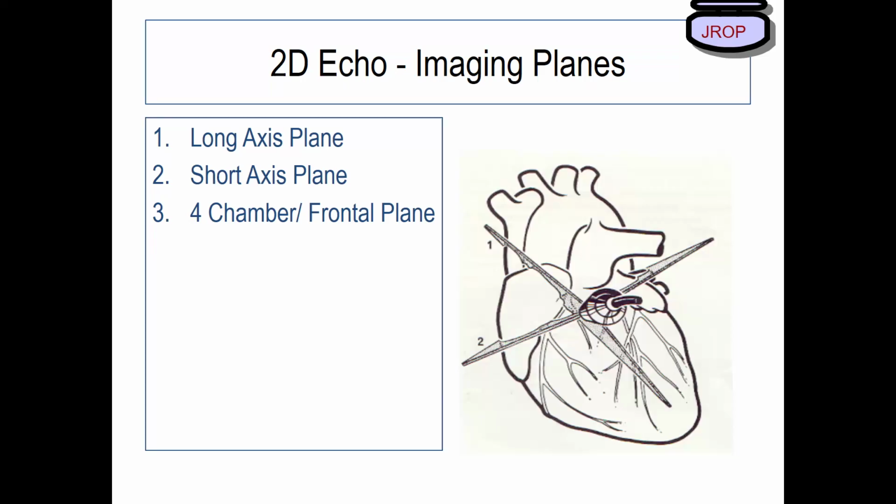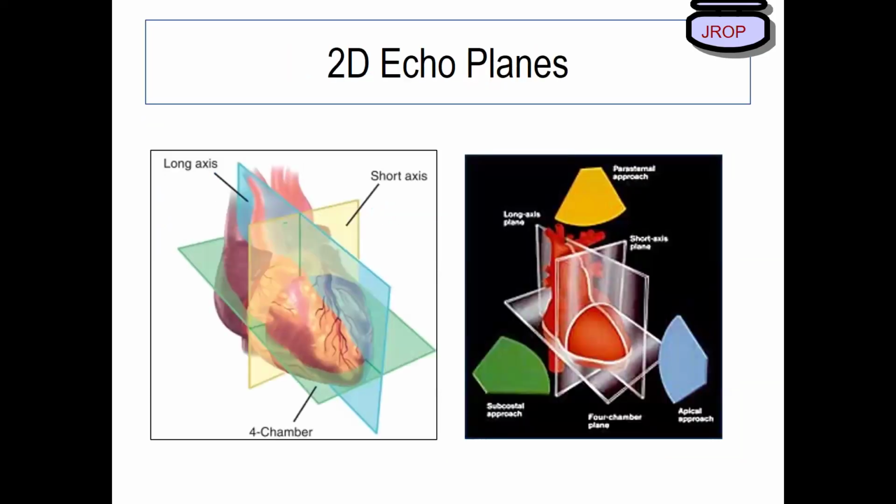So I'm doing my 4-chamber plane. I'll show these examples over a period of time. Remember long axis, remember short axis, remember 4-chamber planes. Now this is the cut section, what I said to you. So this is long axis. This is short axis. If I'm cutting the heart like this, this is the 4-chamber plane.